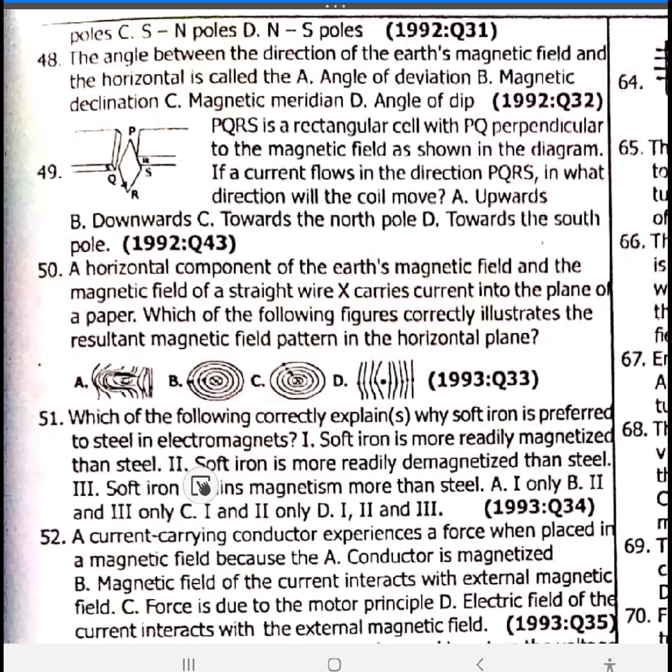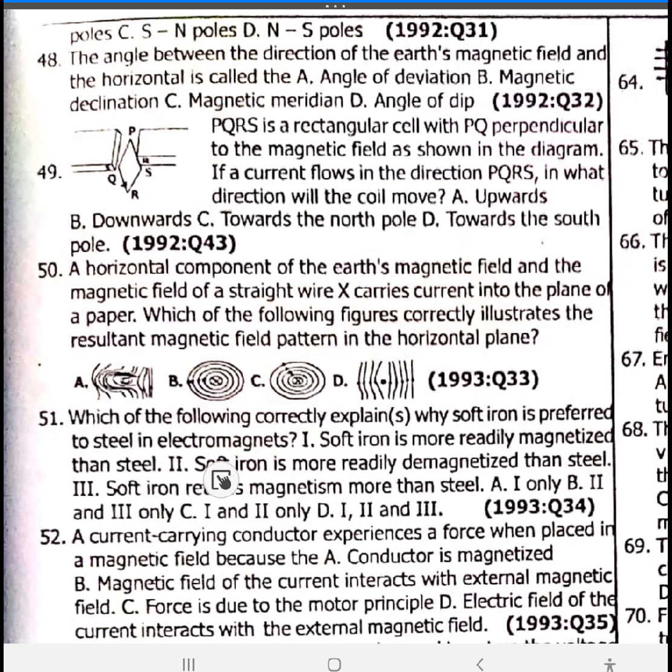So soft iron is more readily magnetized than steel, but it also loses magnetization quicker, while steel is more difficult to demagnetize. So number 51 is option C.